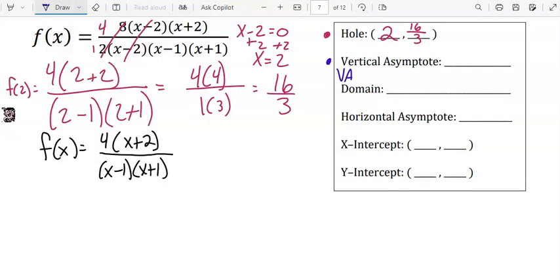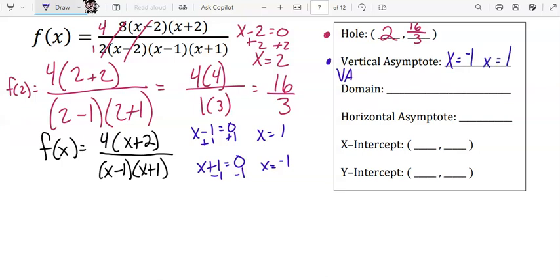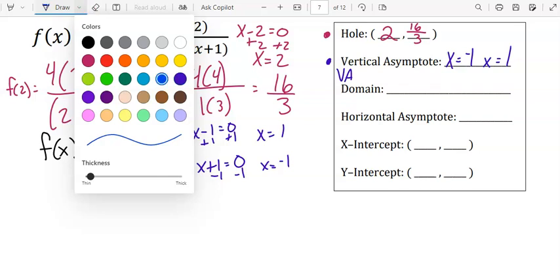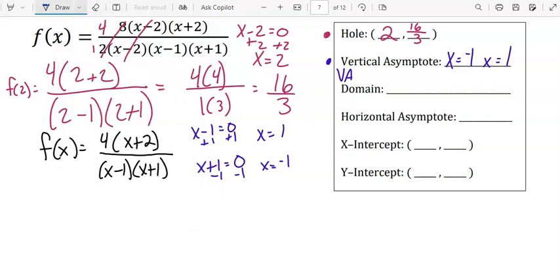Alright, set the denominators equal to 0. In this case, there's 2 of them. So your domain is going to be all real numbers except x equal 2, negative 1, or positive 1.